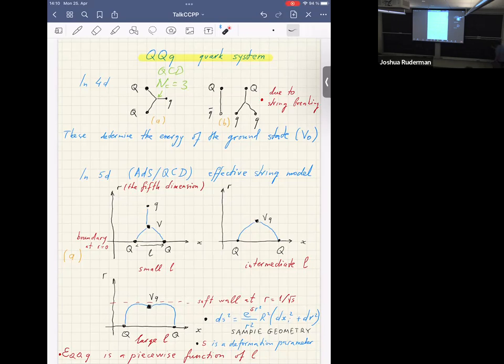Due to the gravitational force, there is a force here, but also string tension here, and the position is defined by the equilibrium between one force and another. You can see it directly from the action if you vary with respect to the position of the quark in the fifth dimension. So you vary the total action, and that gives you the force balance equation.